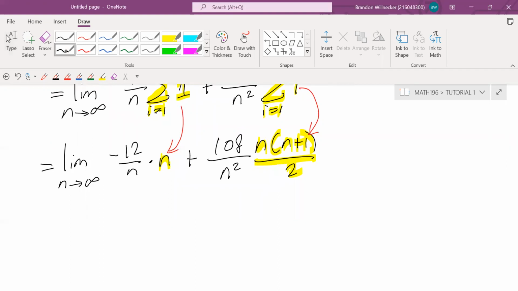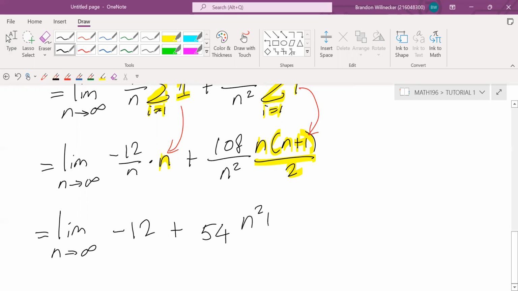Okay, so now it's just a matter of algebra, and then we can finally take the limit. So limit as n goes to infinity, n over n, they cancel, so we're just left with minus 12, plus 108 divided by 2, that's going to be 54. If we expand this bracket out, we're going to get n squared plus n divided by n squared.